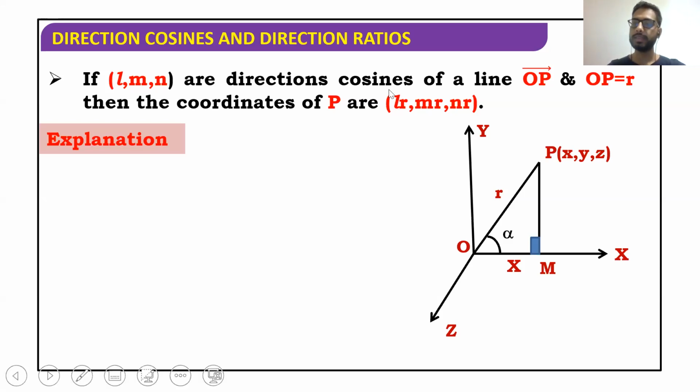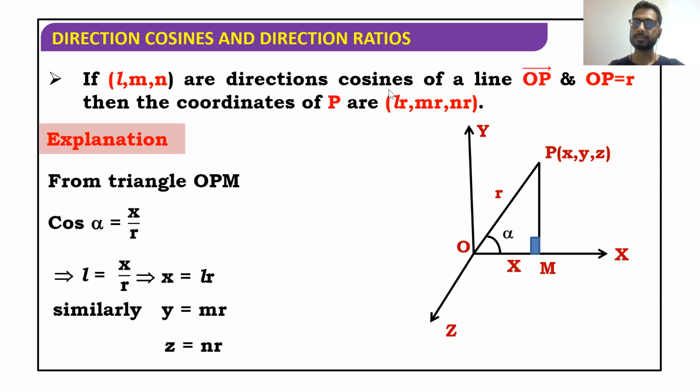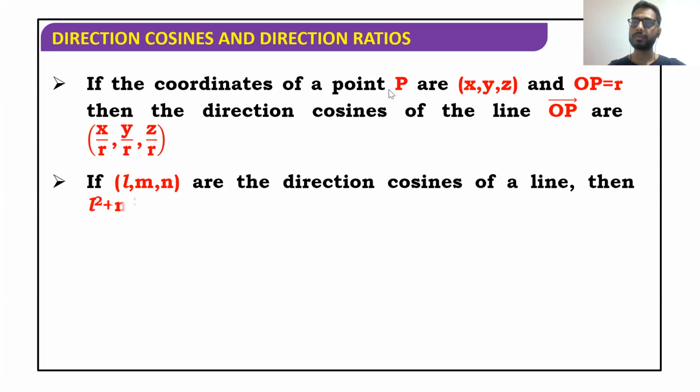So consider point P making an angle alpha, having a perpendicular at point M, distance of OP is r. Direction ratios are L, M, N. Therefore, I can say that cos alpha is equal to x by r. Therefore, the coordinates of the point are going to be x by r, y by r, and z by r.